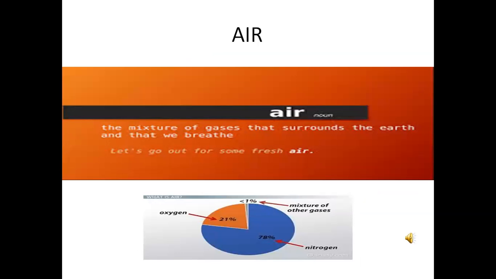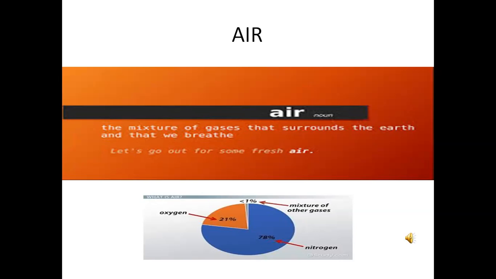What is air? Air is present everywhere around us. We can't see air, but we can feel its presence in so many ways. For example, we feel air when the trees rustle, clothes hang on a clothesline, pages of an open book flutter, when the fan is switched on, and when kites fly in the sky.